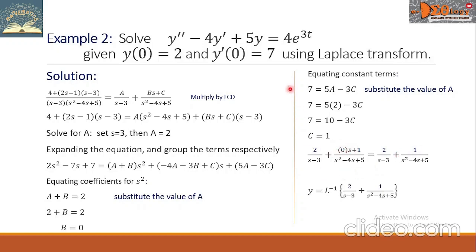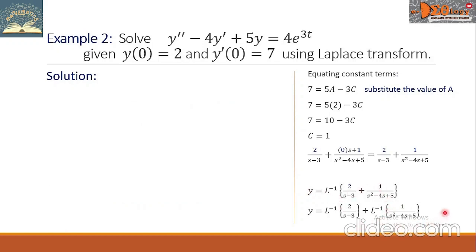Let us write again our equation a while ago, but this time we will use the equivalent partial fractions. Then we will show that we are going to take Laplace inverse of each of our fractions. We simplify further by putting this constant 2 in front of the Laplace inverse.